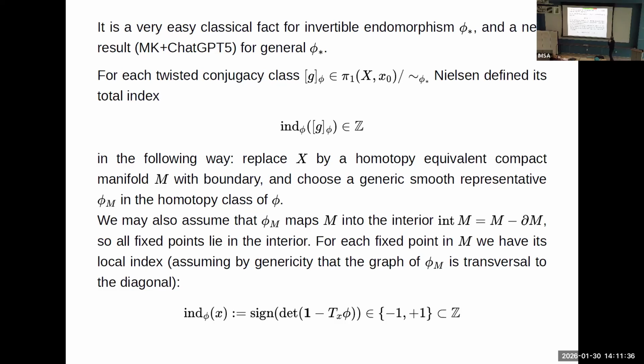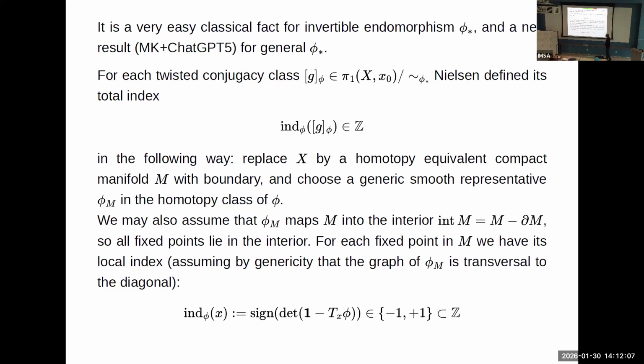For each twisted conjugacy class, Nielsen said you can have an associated invariant, independent of what exactly the map you have, depending only on the homotopy class of the map, and it will be some integer, the index of this twisted conjugacy class. How to define it? If you have a polytope, you can embed it into Euclidean space and replace it by a manifold, a compact manifold with boundary.